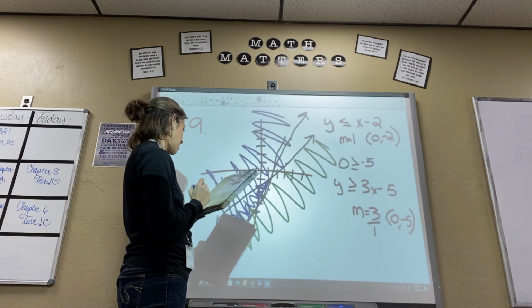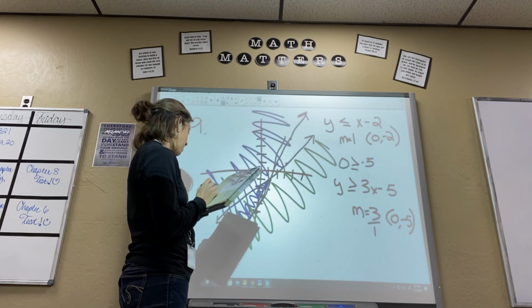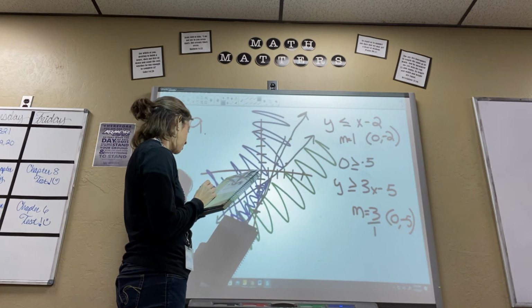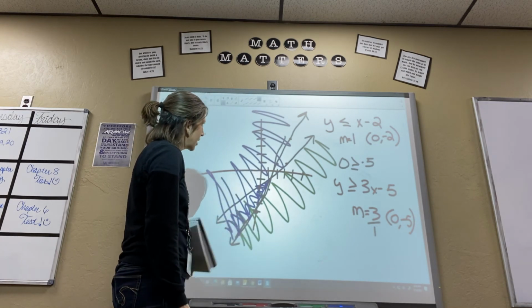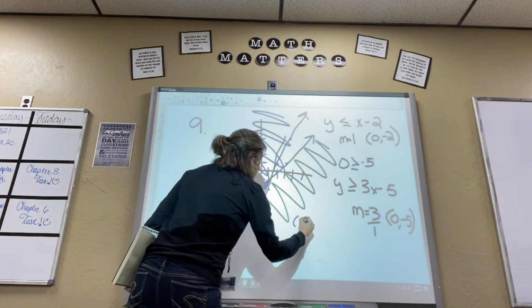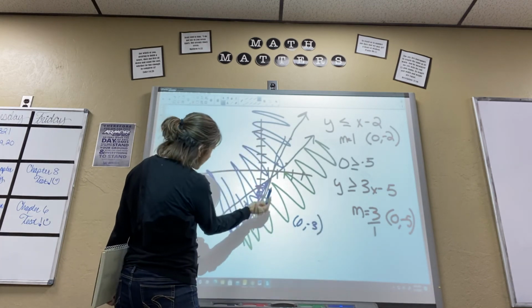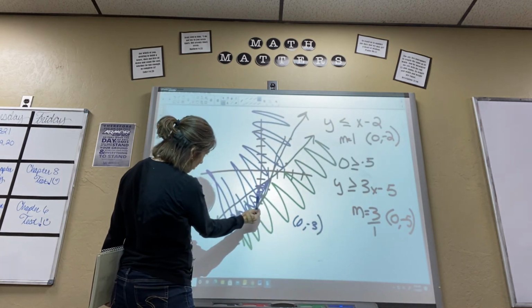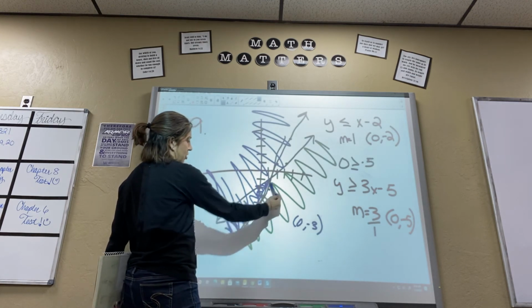Let's say, 1, 2, 3. Negative 0, or 0, negative 3. Let's see if 0, negative 3 works. Let's just see if that works, because I think that's where that should be, like right here, and I think that's in both the shaded part.